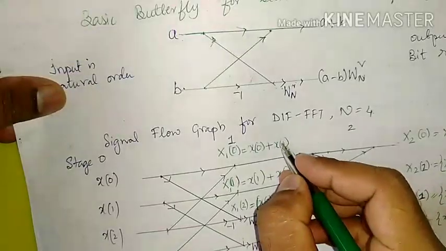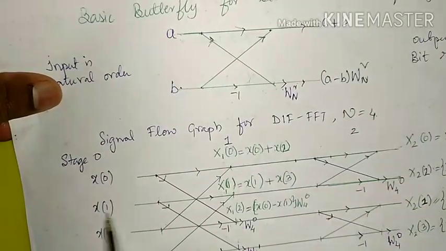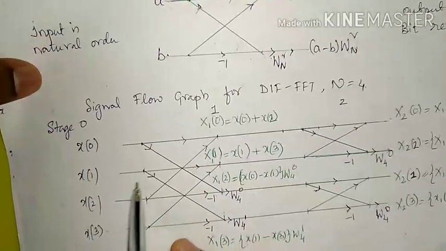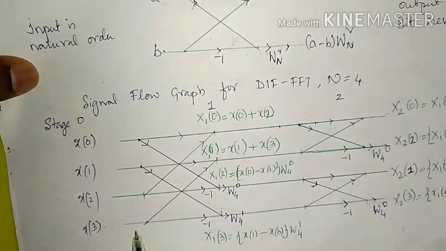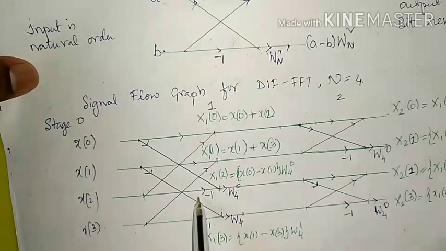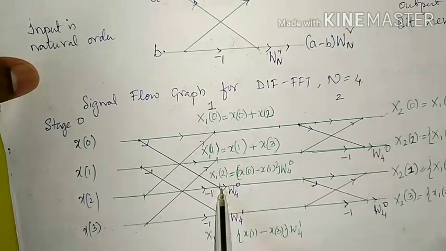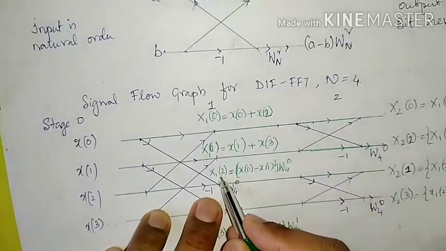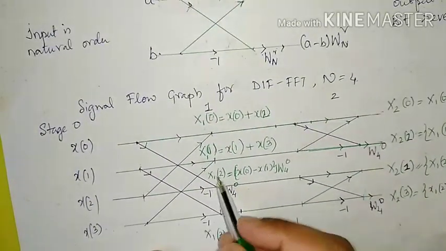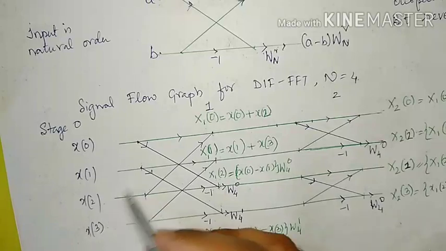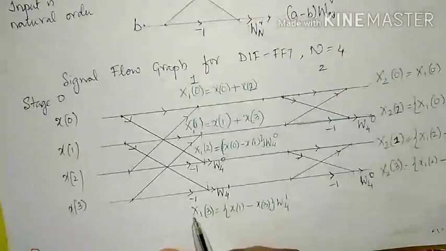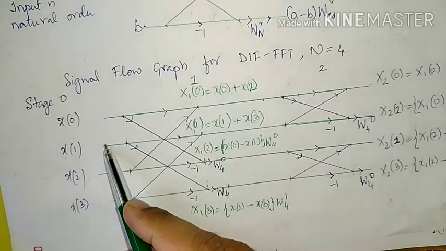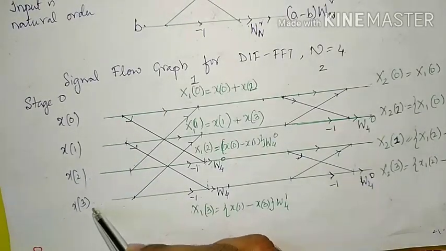And x1 of 1 is small x of 1 plus small x of 3. x1 of 2 can be calculated as x of 0 minus x of 2 whole bracket into W40. Similarly, x1 of 3 is x of 1 minus x of 3 whole into W41.